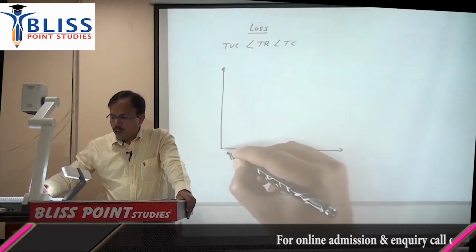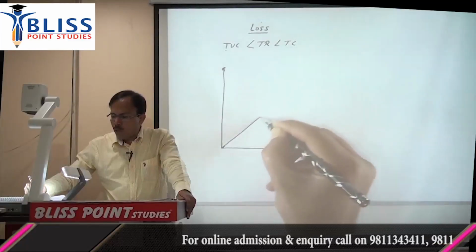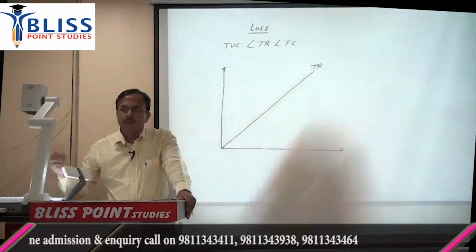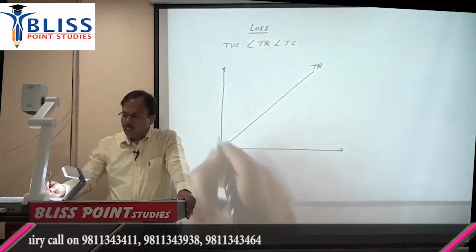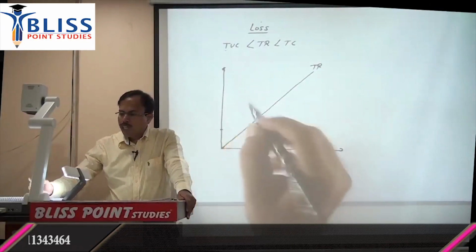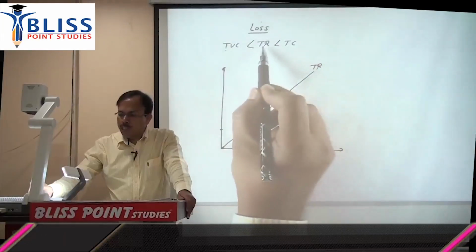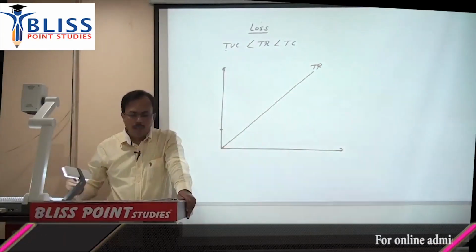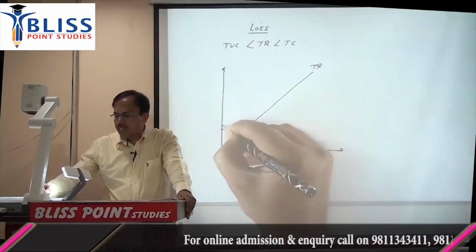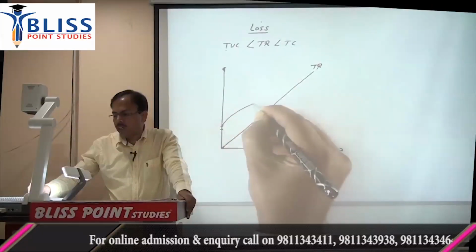So draw that total revenue line first, and this will be your total cost, but total cost has to be greater than TR. So when you start total cost curve, it has to be greater than TR.